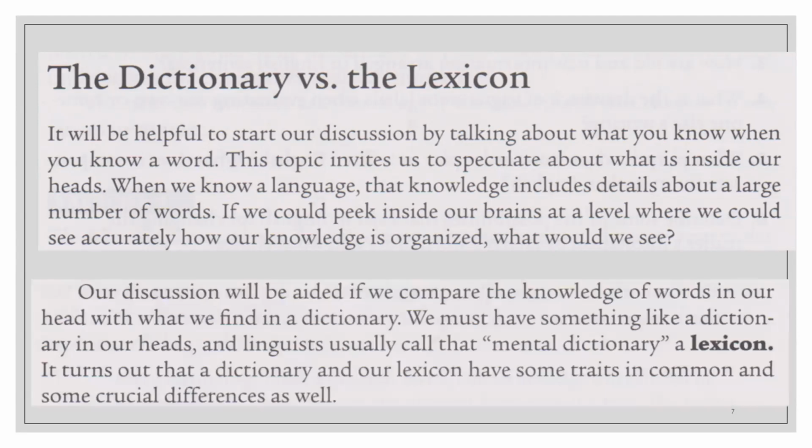Okay. Now, if we compare the knowledge of words in our heads with what we find in a dictionary, okay? So we must have something like a dictionary in our heads, right? This is called your mental dictionary. That's your lexicon. Your lexicon is the dictionary you have in your brain.